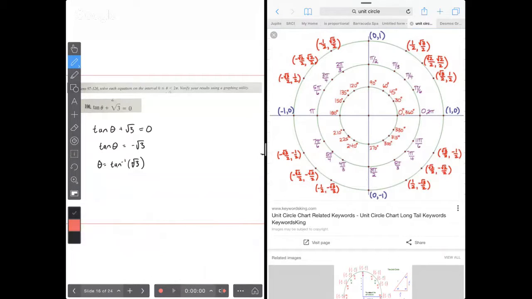So I see I get it once here at 2 pi over 3, and then again at 5 pi over 3. No, Emily, there won't.